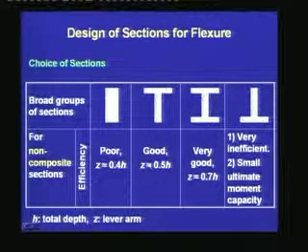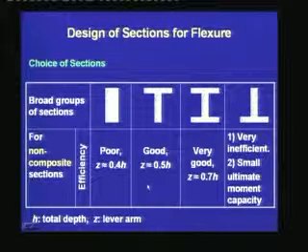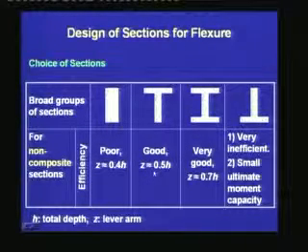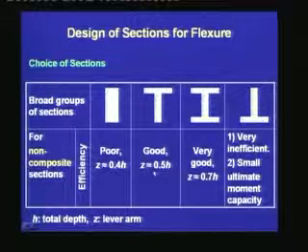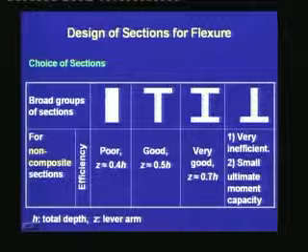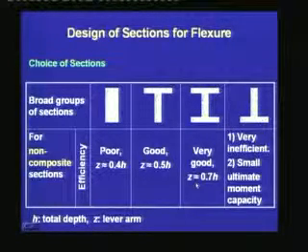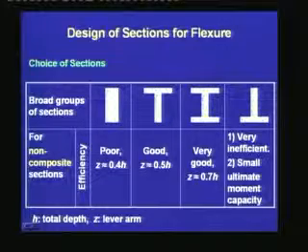Compared to a rectangular section, a T section is flexurally more efficient, and the lever arm is about 50% of the total depth. The I section is flexurally very good, and the lever arm is 70% of the total depth.